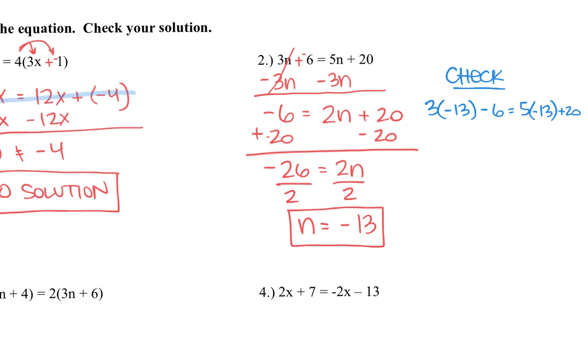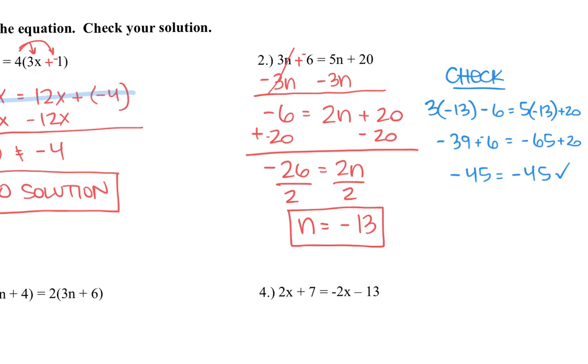Then on each side, I'm going to start by multiplying. -39 plus -6 is -45. -65 plus 20 is also -45. Again, remember how we talked about in the last lesson, this -45 doesn't show up anywhere else in the problem. That's okay as long as you get a true statement, which means you need to have the same number on each side.